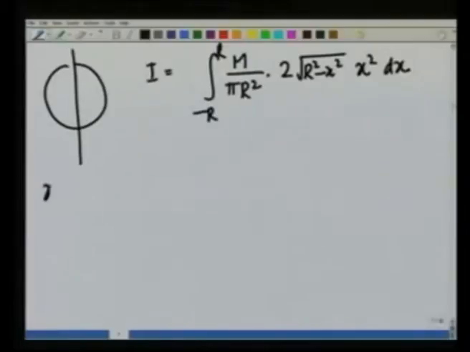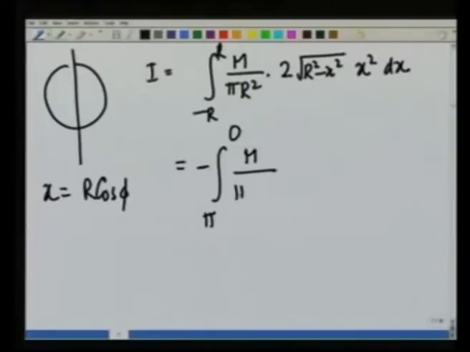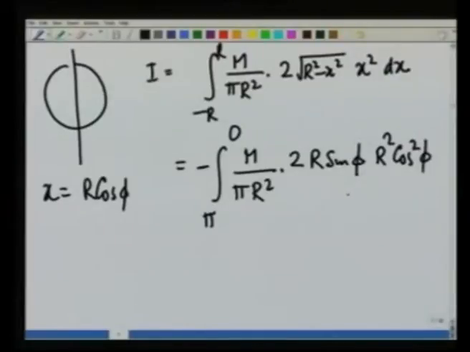I have taken x to be equal to r cosine of phi, and with that this integral changes to pi to 0 with a minus sign in front, m over pi r square times 2 square root of r square minus x square, this will become r sin phi, x square is going to be r square cosine square phi, dx is going to be r sin phi d phi. I have already taken care of the minus sign outside.